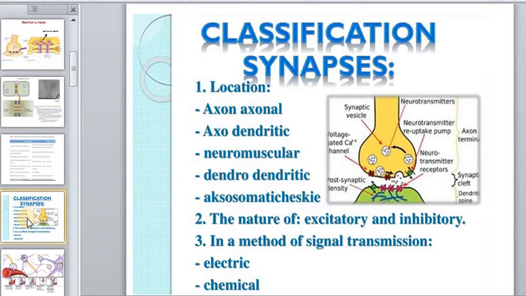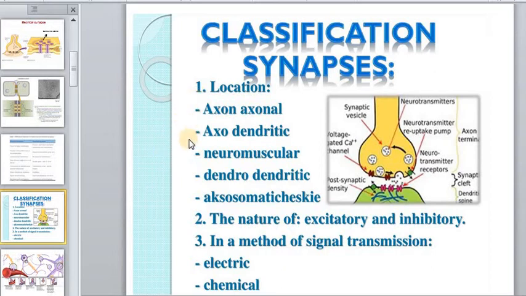So next one, cell attachment. We have looked at two different functional types of synapses, but synapses can also be classified according to how they connect to other neurons or other cells, and even location.